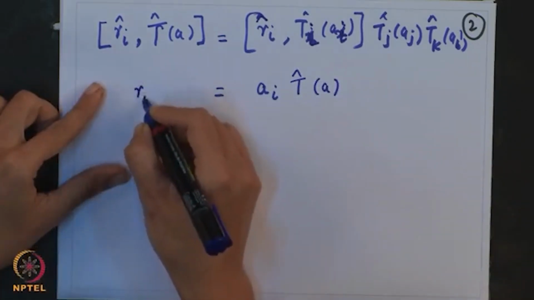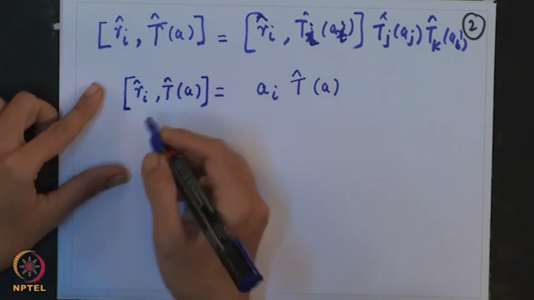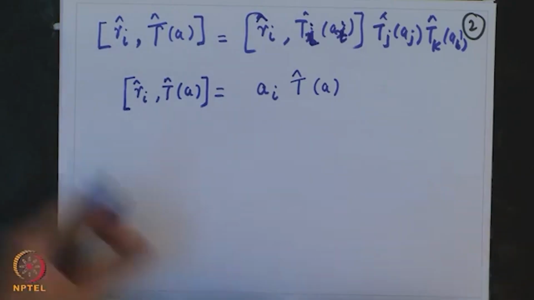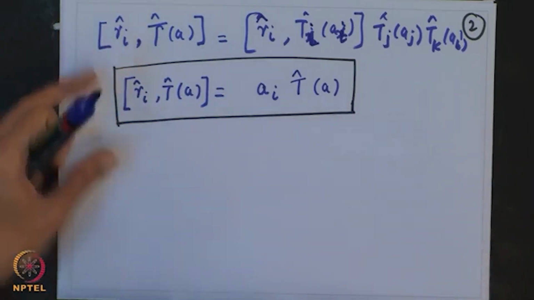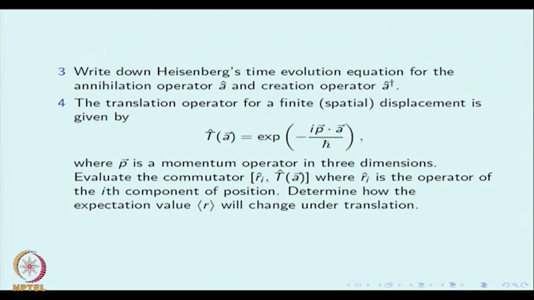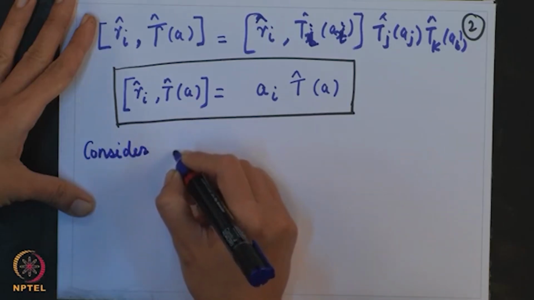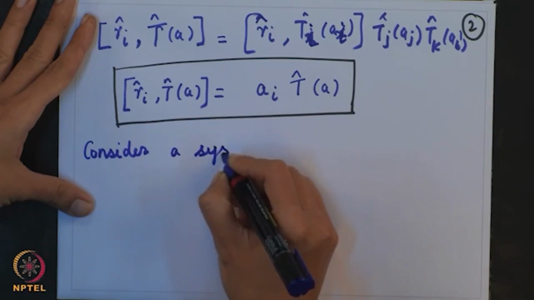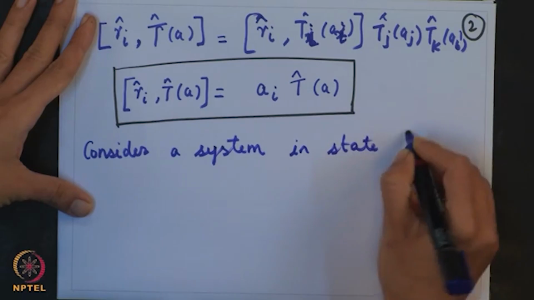In the question we have to determine how the expectation value of R will change under this translation. So, let us now consider a system in state psi.